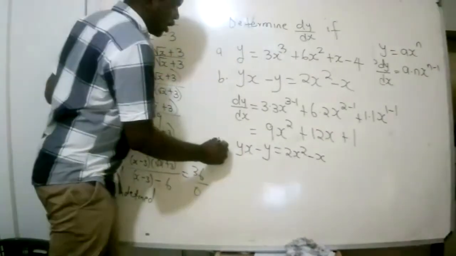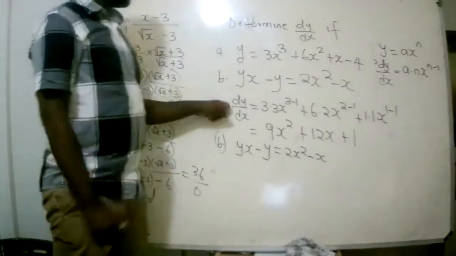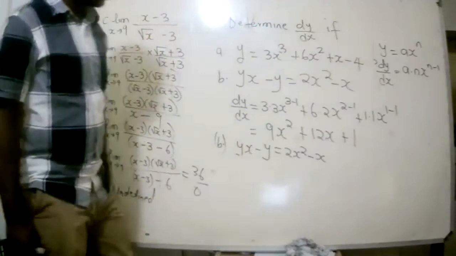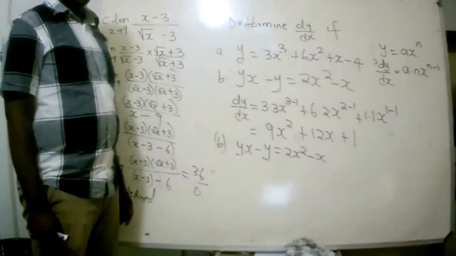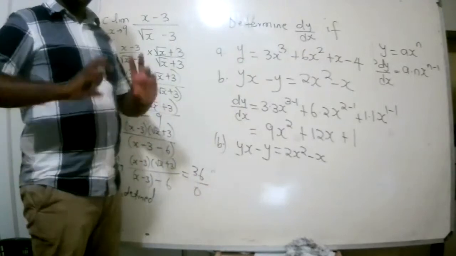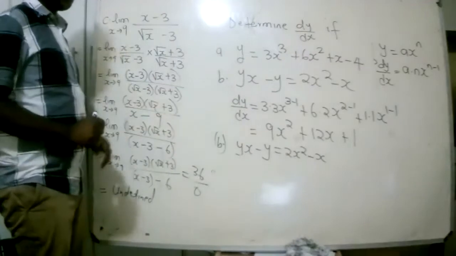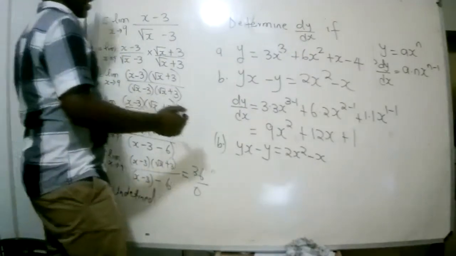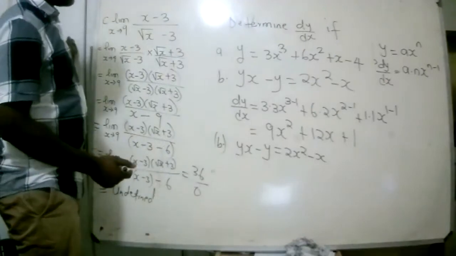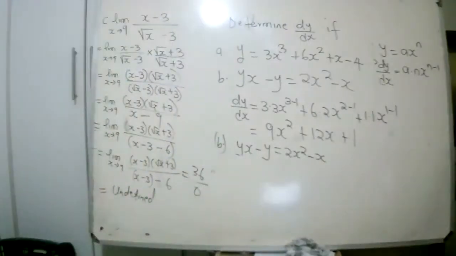So on that question, we are not supposed to just substitute or to apply this rule, because you can see y is not the subject of the formula there. So let's first make sure y is the subject of the formula. We simplify first before we derivate. So the simplification we're going to do in that case can be to take out the common factor if it's there. So let's take out the common factor in this situation.